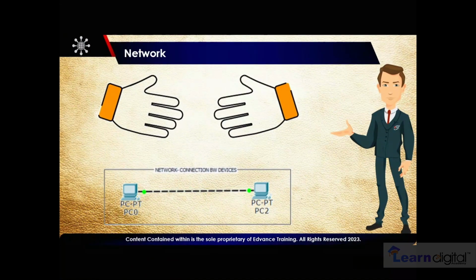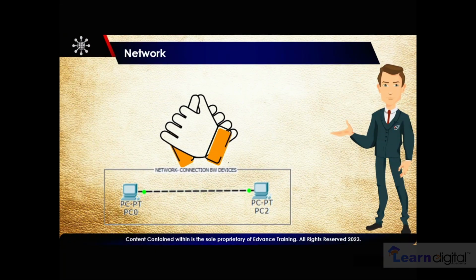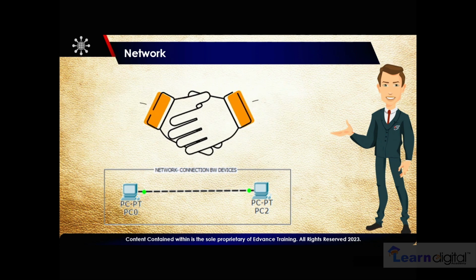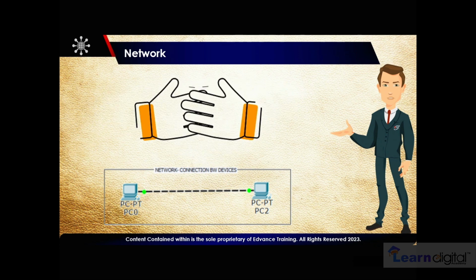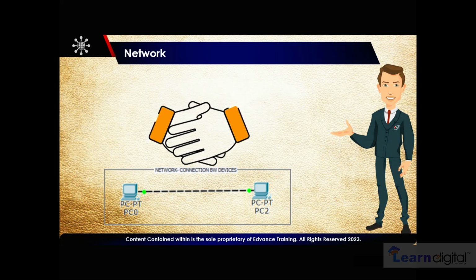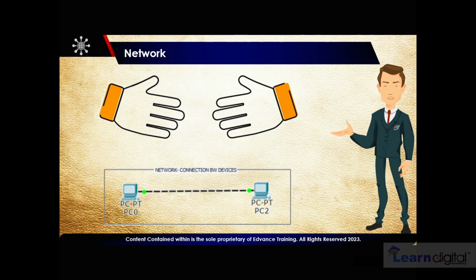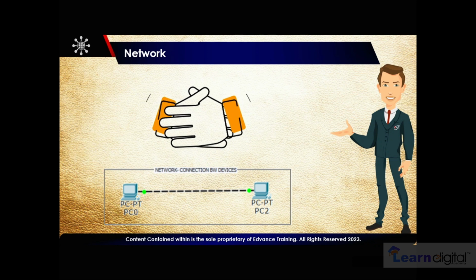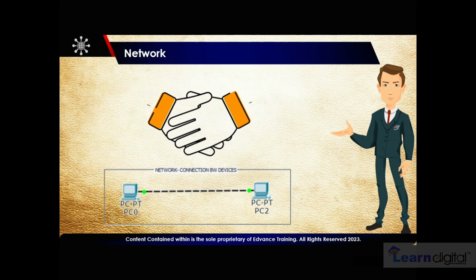But before we go ahead, we need to discuss the network. So what is network? In a simple and quick definition, I can say connection between two or more devices is known as network. Or, in a simple example, that is handshaking. If I'm shaking hands with you, then it's network.